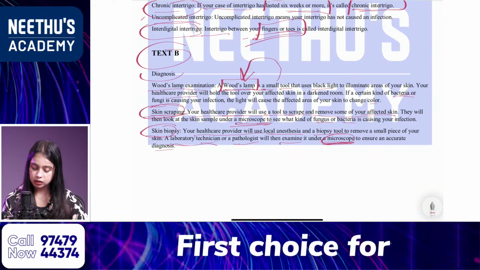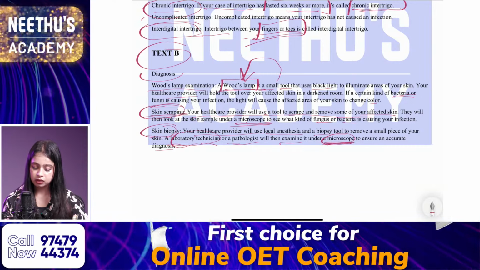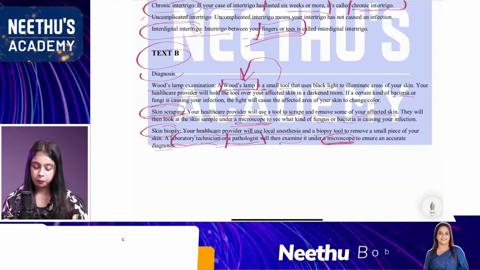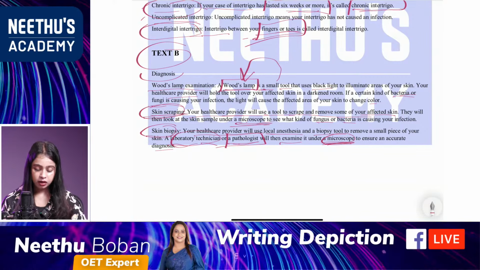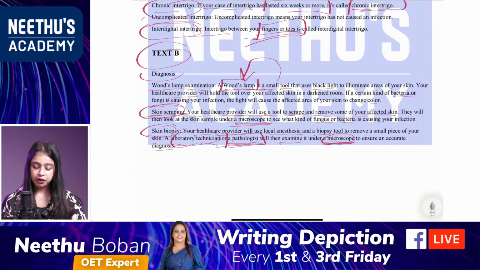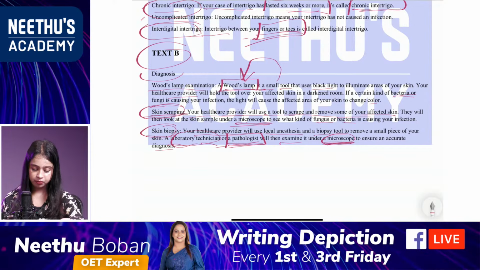A laboratory technician is there in the question, or a pathologist. So answer is pathologist from text B.